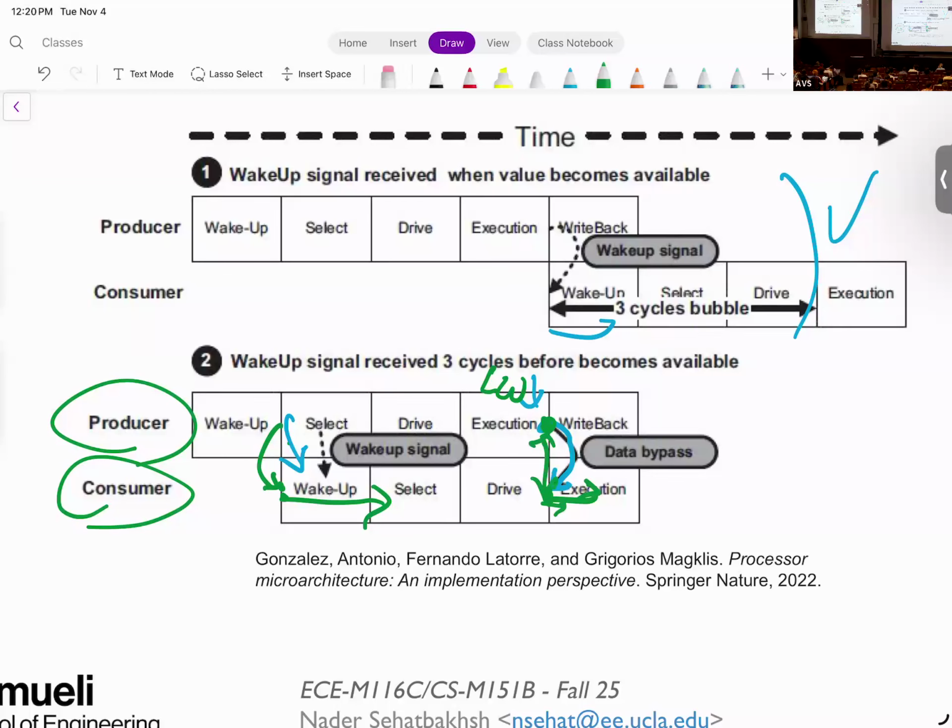I would do the same thing that I did with my mispredictions. I need to flush that instruction and redo it, okay? So if at this point I see that the data is still not ready, I need to flush this particular instruction from the pipeline. And if there are other dependent instructions in future stages, I need to flush them out as well, okay? So it's a form of speculation, and I make a guess, I feed it into the pipeline, I see that I made a mistake, I need to revert it, okay?